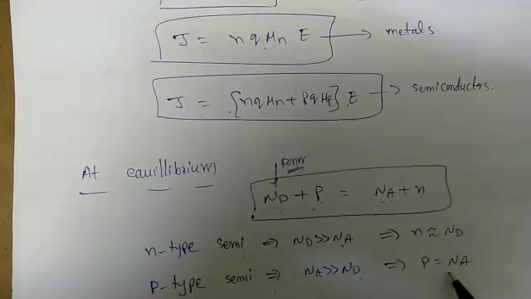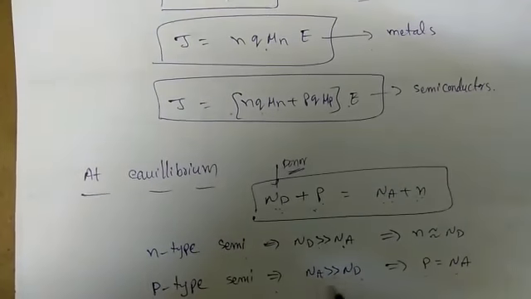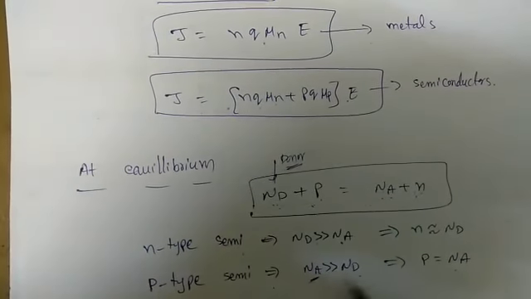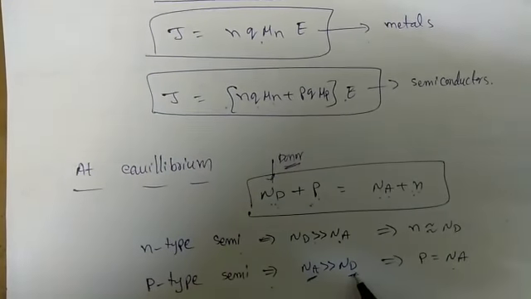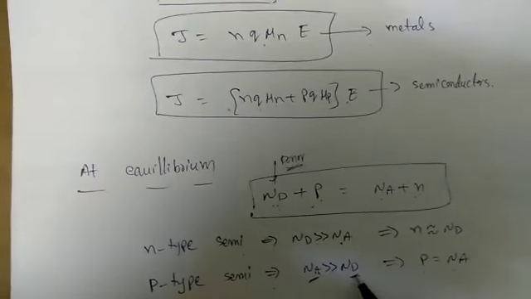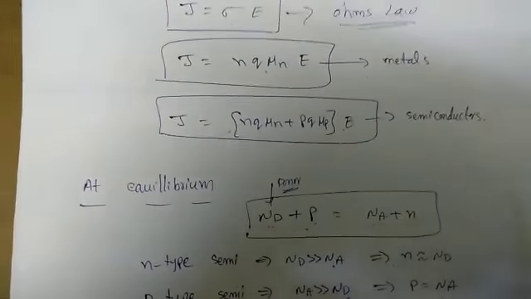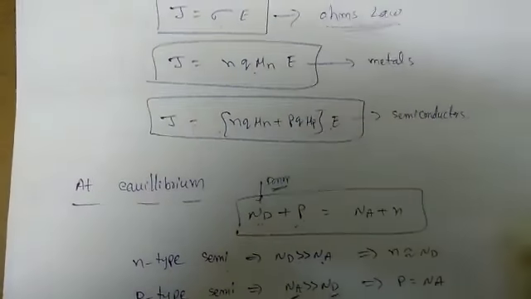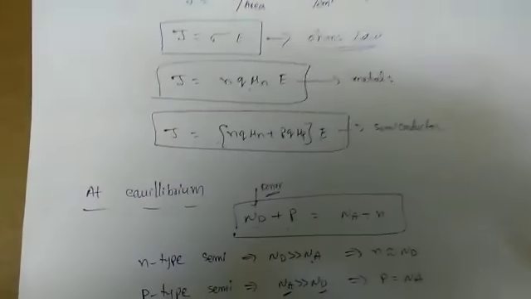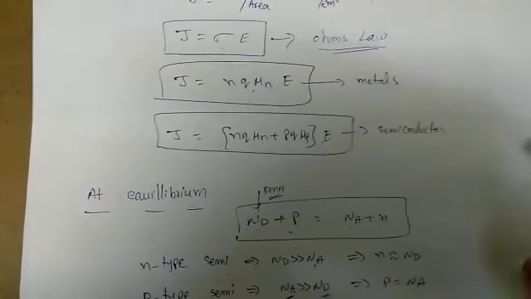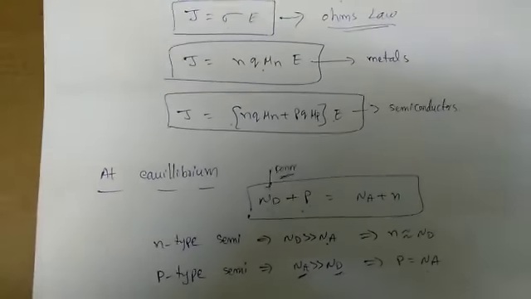So p is approximately Na. This means this is the majority concentration, this is the minority, and it is very much high compared to the minority carrier concentration, right? So you have to remember these formulas. At least we will get one or two questions, depending on the sets, right?